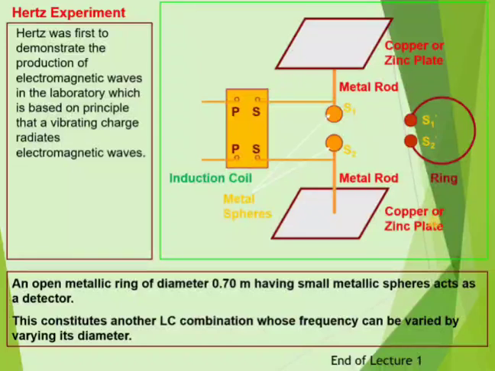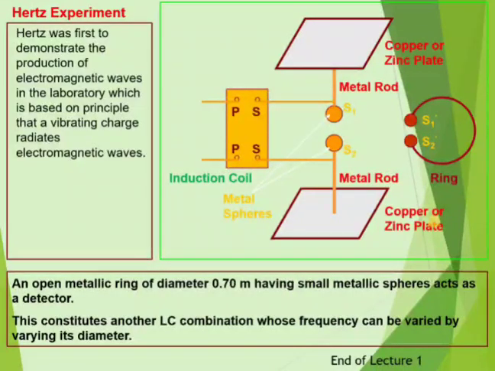Now Hertz was the first one to demonstrate the production of electromagnetic waves in the lab, which is based on the principle that a vibrating charge radiates electromagnetic waves. He used an oscillatory LC circuit to produce electromagnetic waves. The transmitter consists of two large square metal plates.